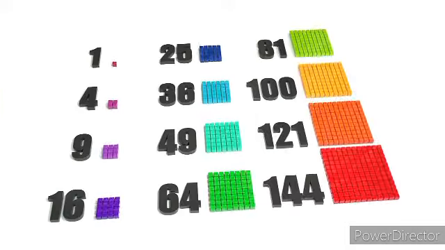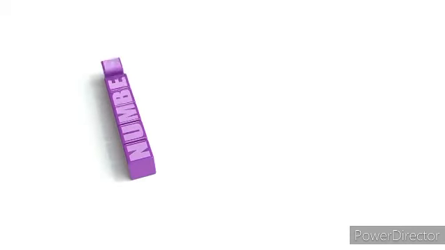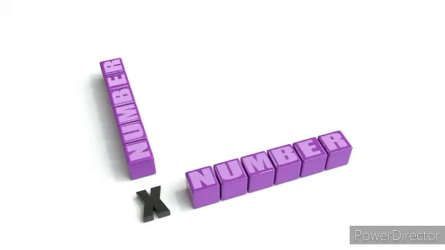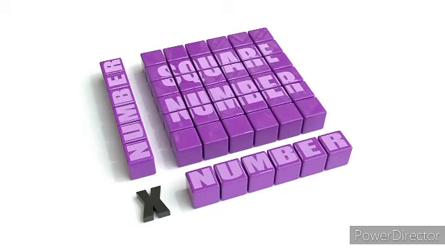We are square numbers. Multiply a number by itself and get a square number.